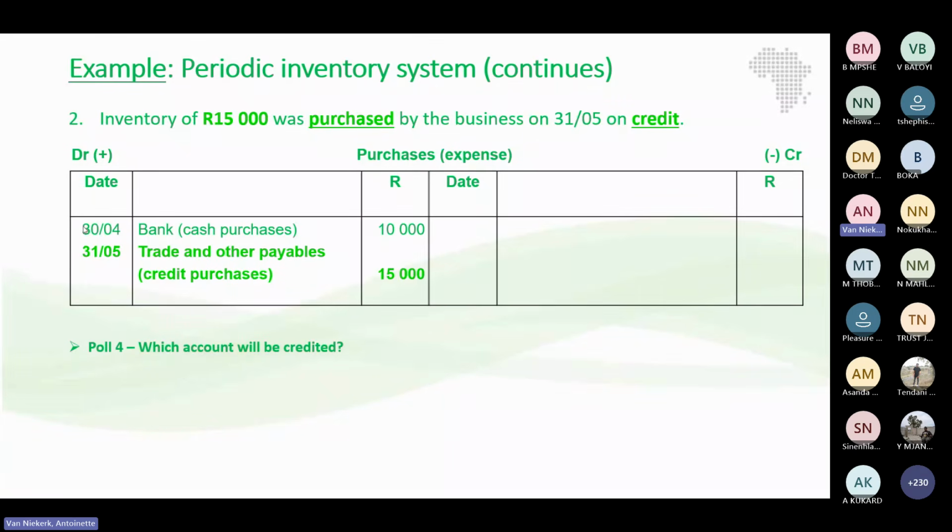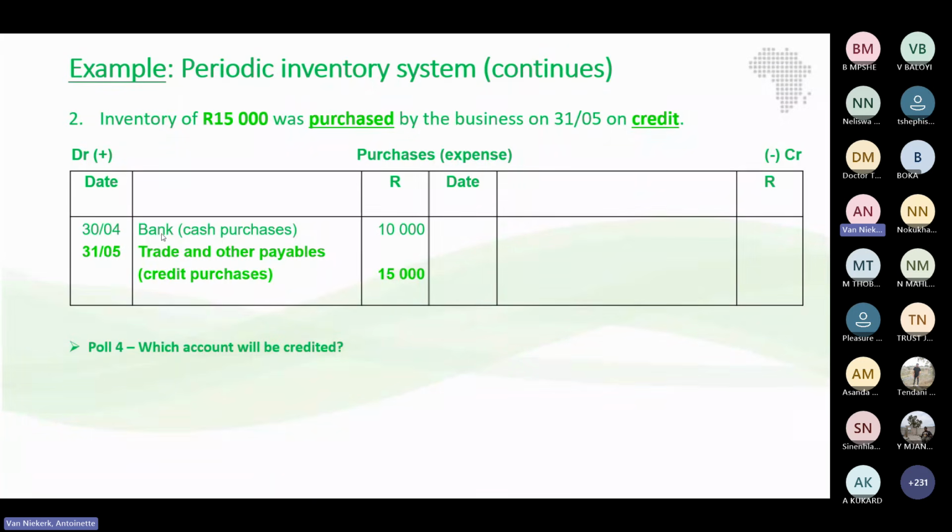Now, please take note. This was the transaction which we already recorded, if you remember, at the first transaction. Now the new transaction is recorded here, and that's why I showed it in a different green color so that you can see that it's a new transaction.